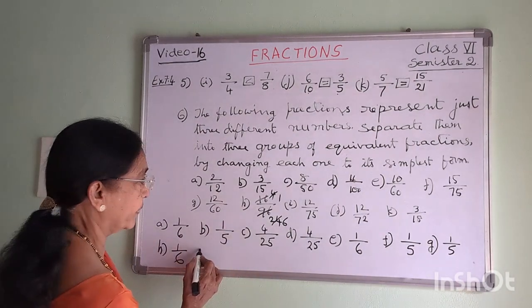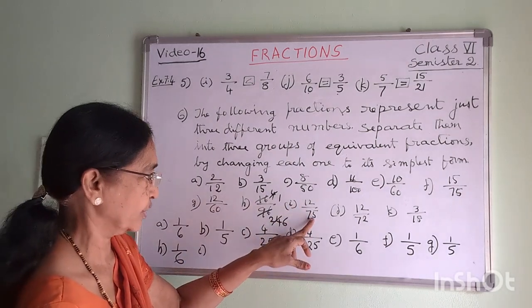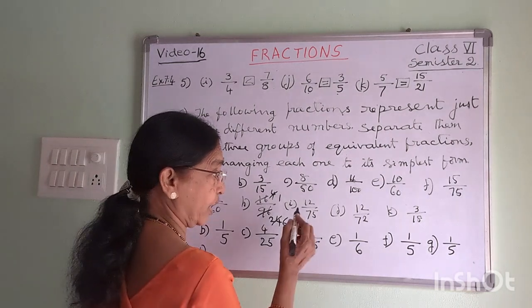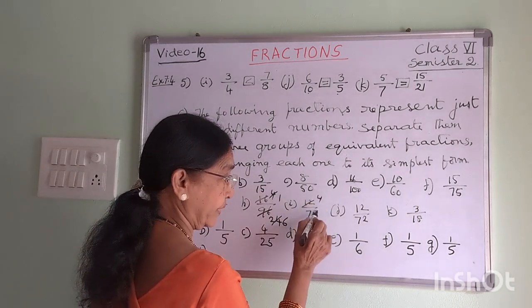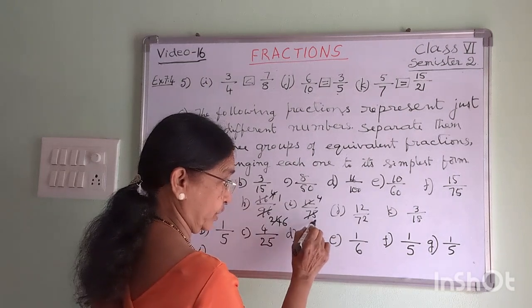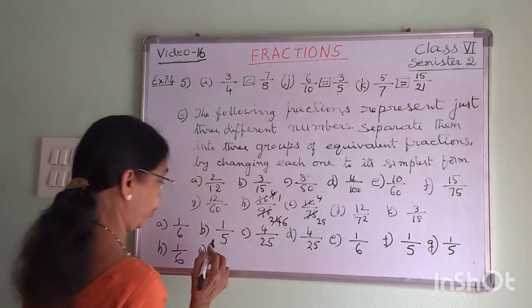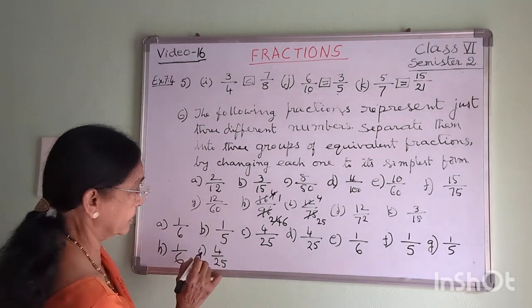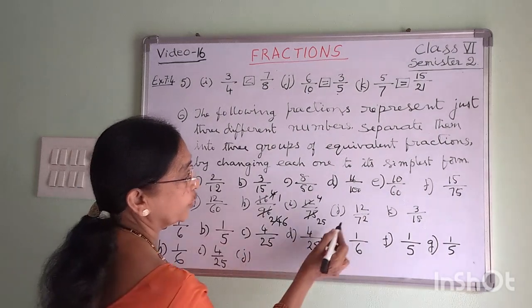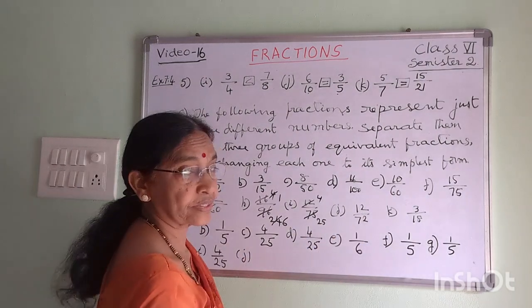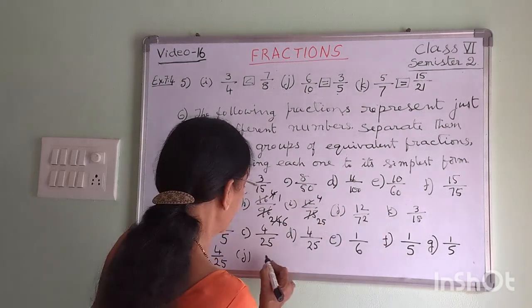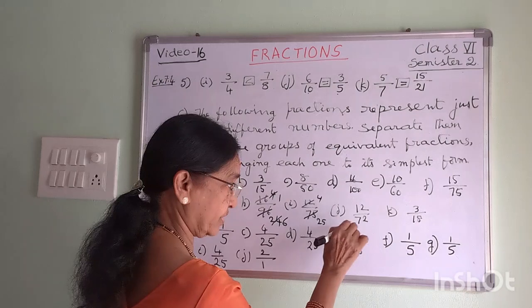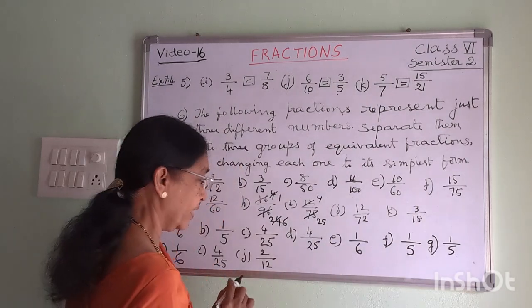Next I, 12 by 75. Dividing by 3, 3 is a common factor, therefore 3 fours are 12, 3 25s are 75. So 4 by 25. Next J, 12 by 72. 6 is a common factor, therefore 6 twos are 12 and 6 12s are 72. That gives 2 by 12.